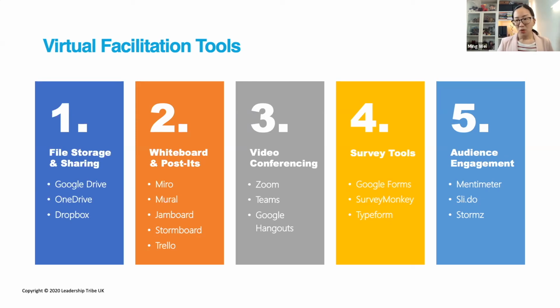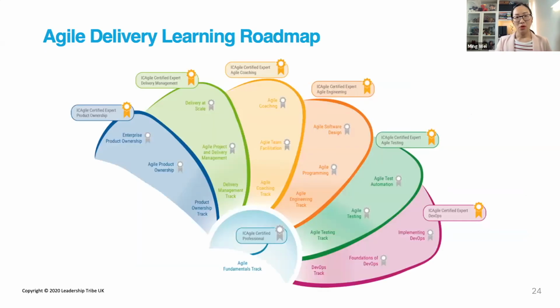So we have talked about the facilitation tools, and we talked a little bit about the facilitation processes in this webinar. In terms of further development, as I've mentioned, right now what we're looking at is facilitation.